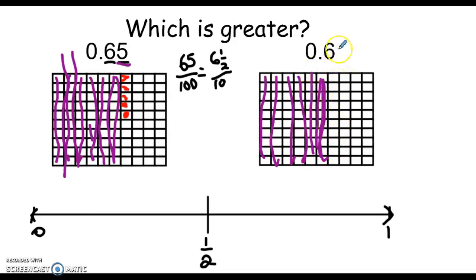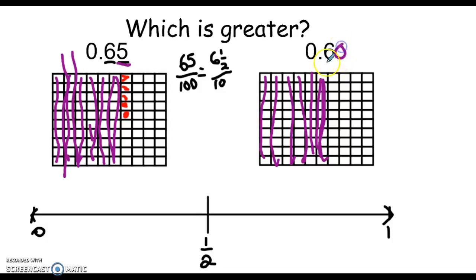There are no hundredths shown with this decimal. We talked in class about the fact that on these grids we do have hundredths, or our grids are broken into hundredths. So if we were to think about this, how many hundredths are in each column? 10 hundredths. So count by 10. 10, 20, 30, 40, 50, 60.